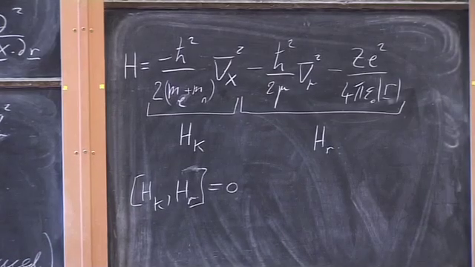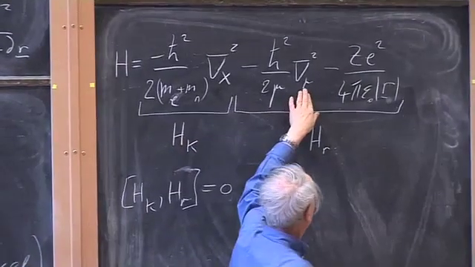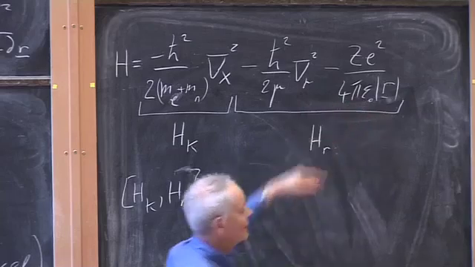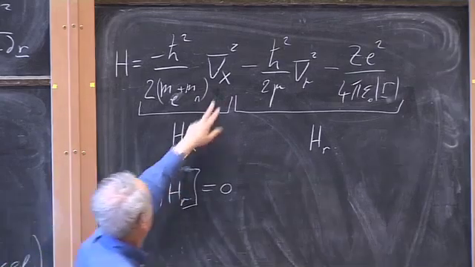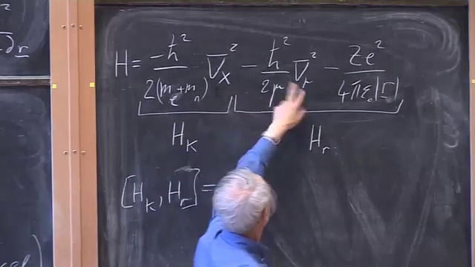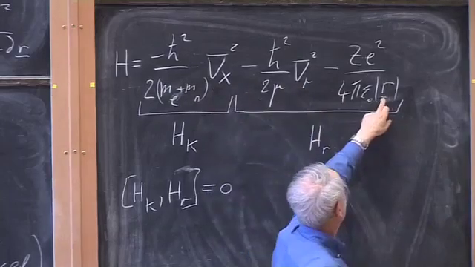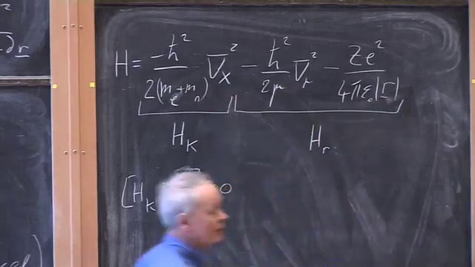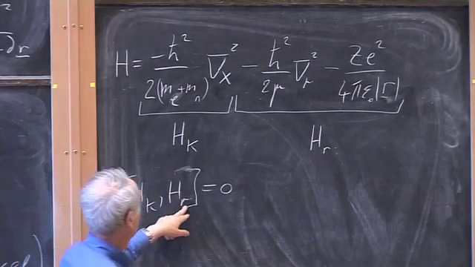And the other coordinates means the other components of big X and all the components of little r, because we made a legitimate change of coordinates. So this obviously commutes with this, because partial derivatives always do, and this commutes with this, because this is being held constant while we're doing these partial derivatives. So h sub k commutes with h sub r.